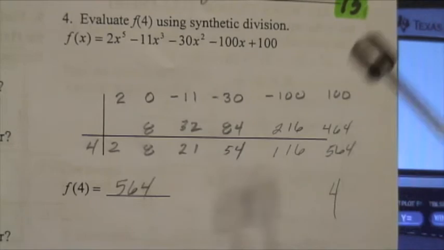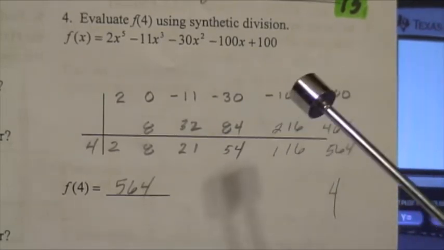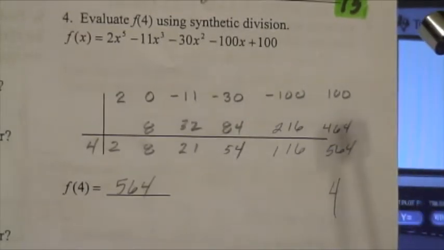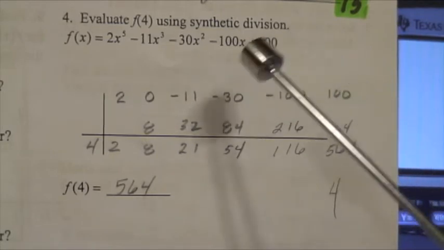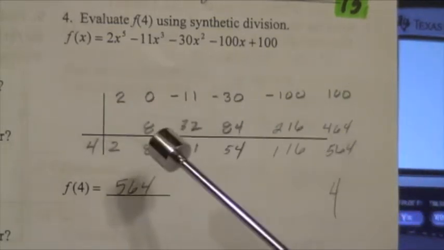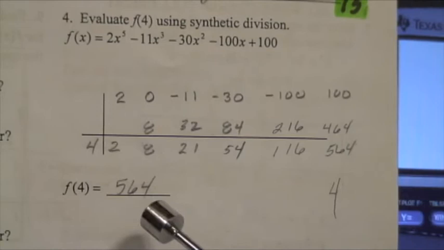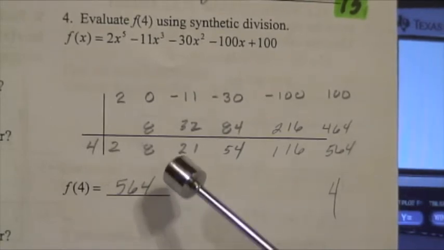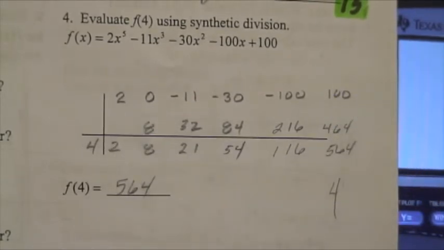Another theorem we had that went along with the remainder theorem and factor theorem was we could evaluate f of 4 using synthetic division. So whatever you get for a remainder here, that's what f of 4 would equal. So again, running through the synthetic division table, as you can see, drop down to 2 times 4 is 8, plus 0 is 8. Why the 0?